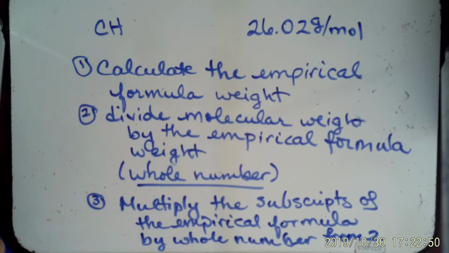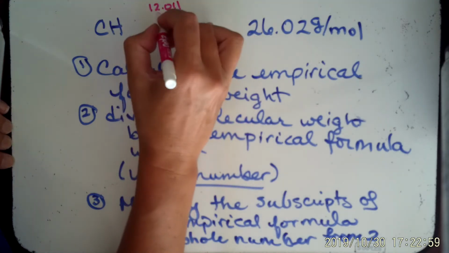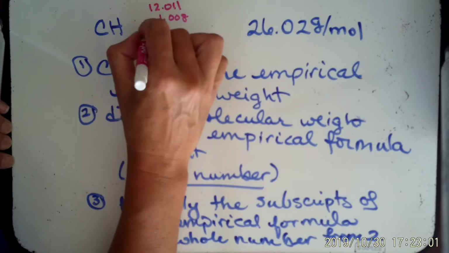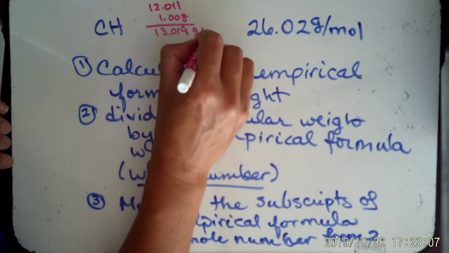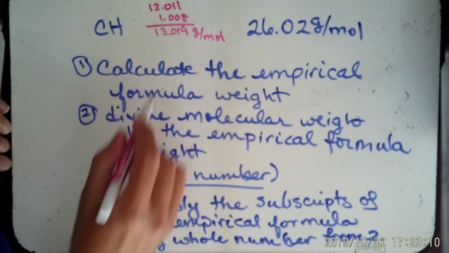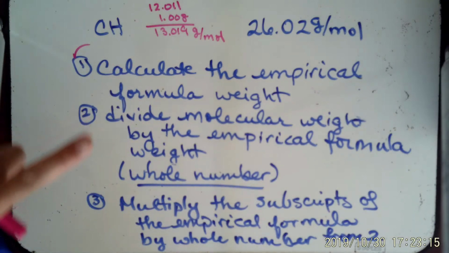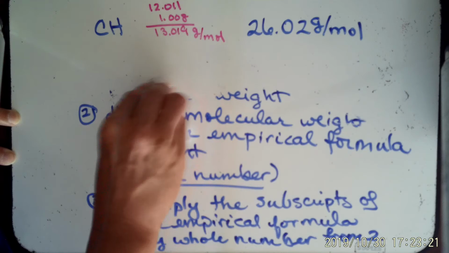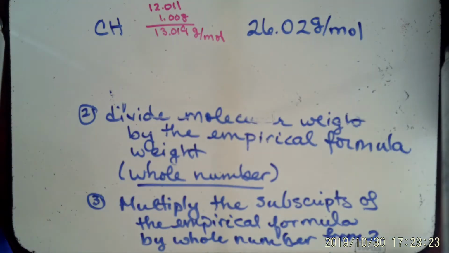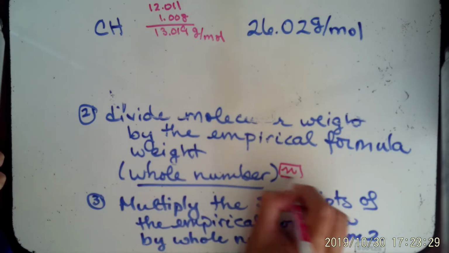Okay, so let's do 1. Calculate the empirical formula weight. So carbon is 12.011. Hydrogen is 1.008. So we get 13.019 grams per mole. Okay, so we did 1. That is my formula weight. Now we need to divide the molecular weight by this empirical formula weight. So let's do step 2 now. So the whole number, we're going to call this n, just so we have some variable.